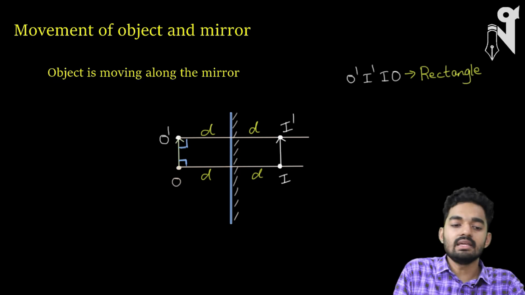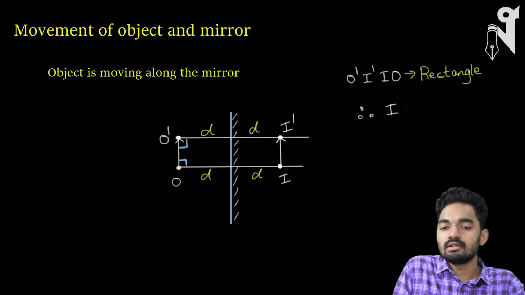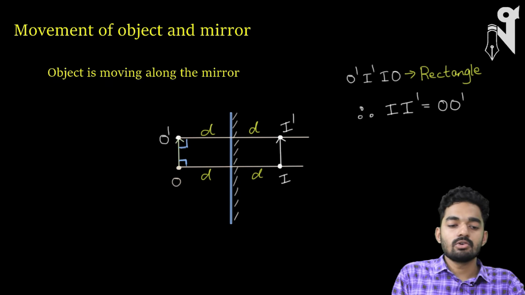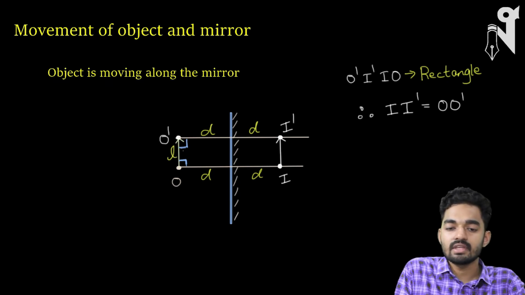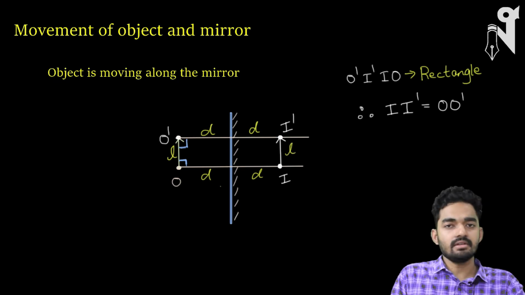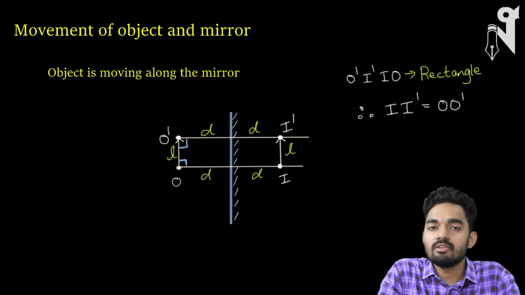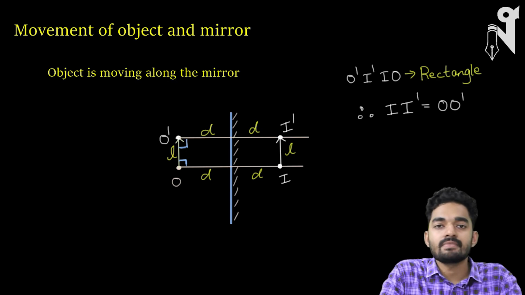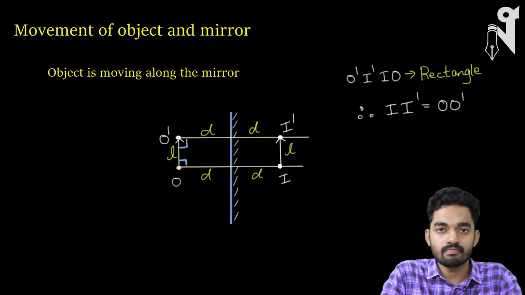Now what that means is that the length of the line I I dash is equal to O O dash, right? So if the object has moved by a distance, let's say L, the image has also moved by the same distance L, right? So what we are seeing is whenever we move the object along the mirror, the image will also move by the same amount in the same direction, right?